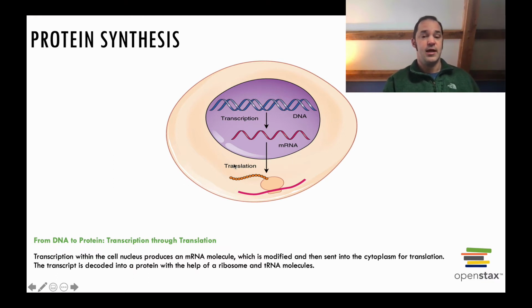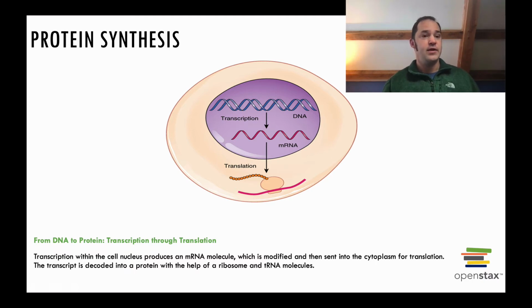Now, translation happens at the ribosome. So where are some places we find ribosomes in the cell? If you said in your mind the rough ER or the cytoplasm, you'd be right. So translation happens in a couple different places, the rough ER and the cytoplasm.